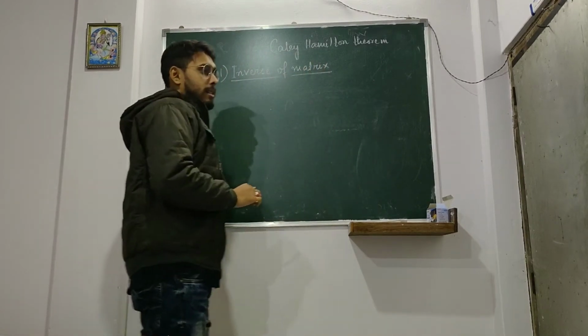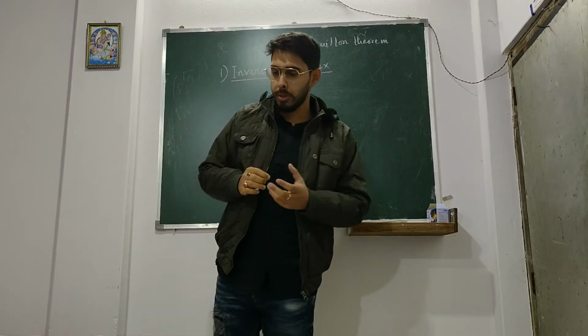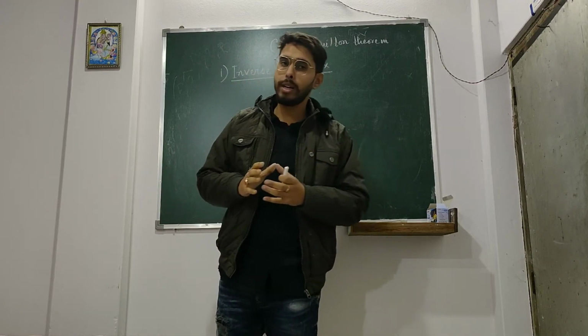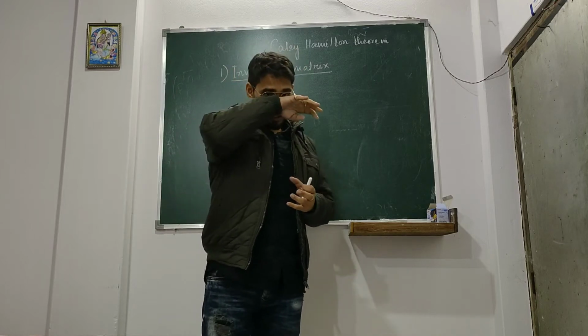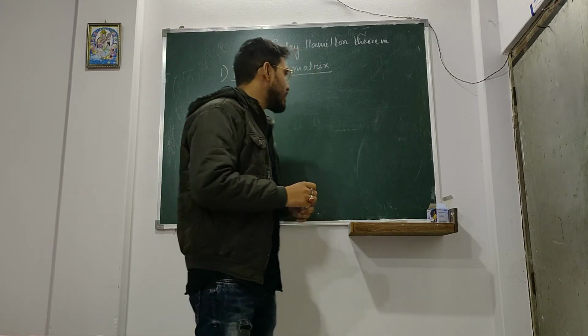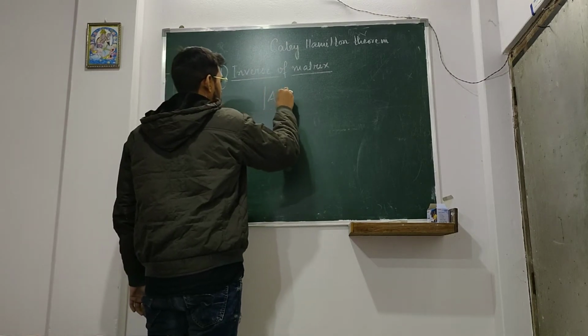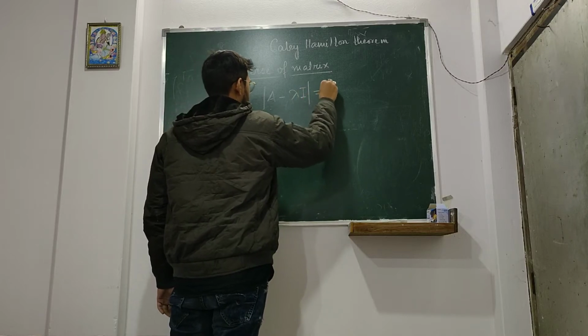So before we start, let me tell you more about this particular theorem. The Cayley Hamilton theorem has the same kind of approach as finding the eigenvalues and vectors, that is determinant of A minus lambda I equals 0.